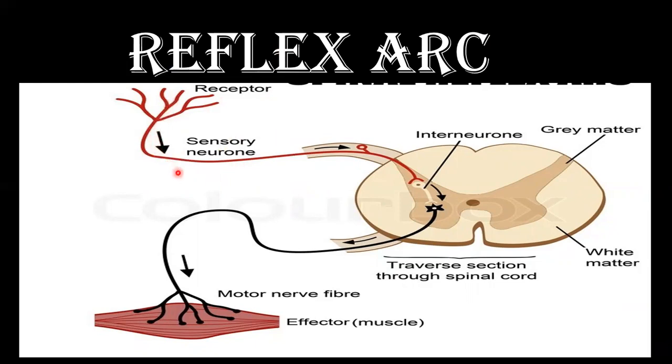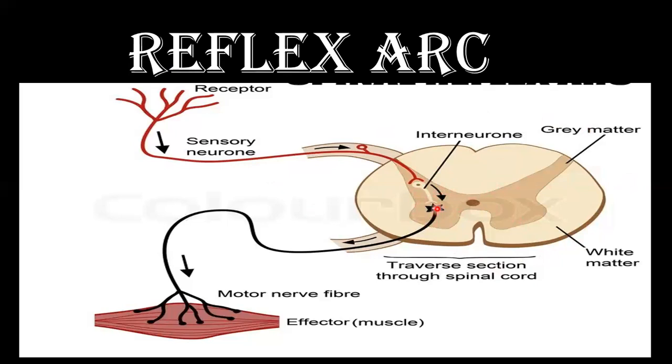Then there is the afferent neuron, the sensory neuron. Then there is the center. This portion is our center, which consists of one or more synapses. Here you can see the synapse is located in the spinal cord and then in the brain. So it can be present in the brain or the spinal cord.